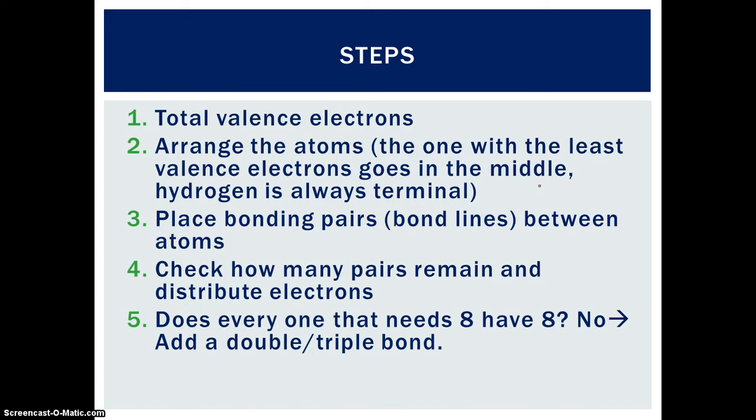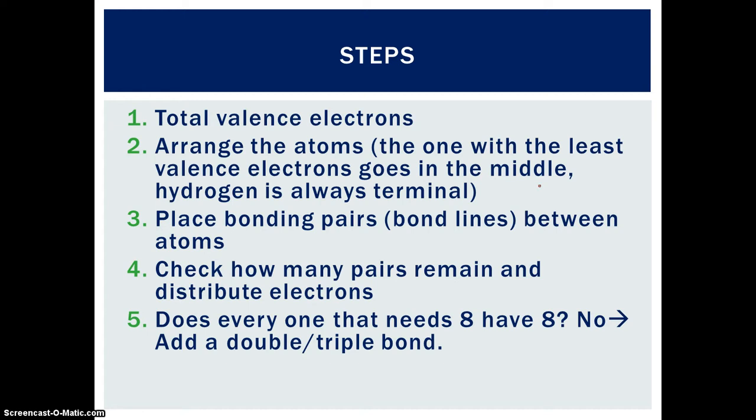The harder part is drawing the structures itself. So the steps are a little bit different than the ones from our guided inquiry because now we're trying to do it in a much more efficient way. I wanted you to do it the way we worked on the past couple of days because I wanted you to see where those shared electrons come from. But now we're just going to learn how to draw these structures the most efficient way.